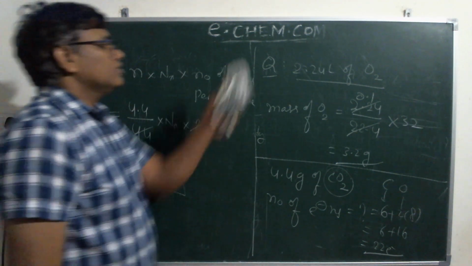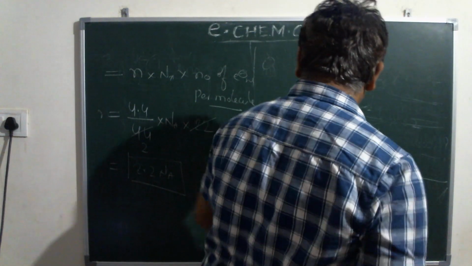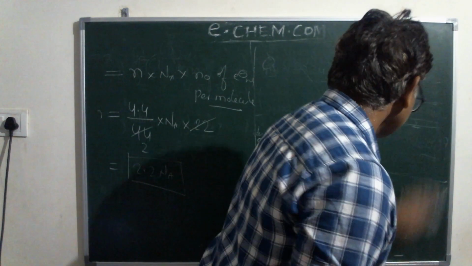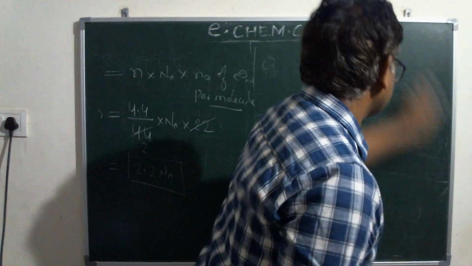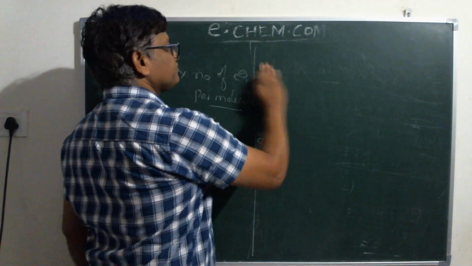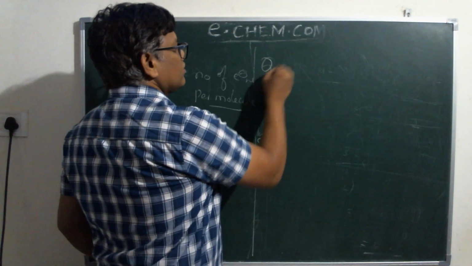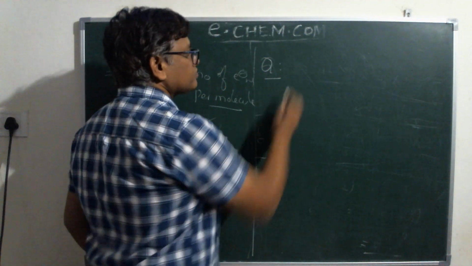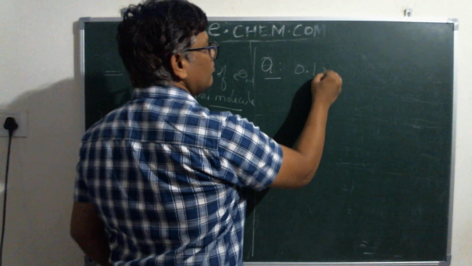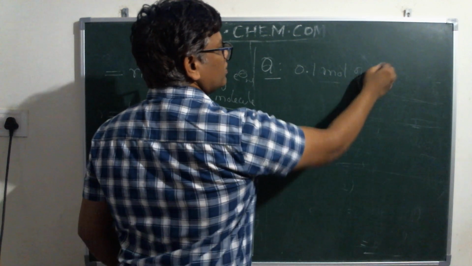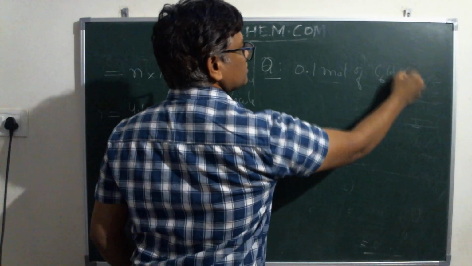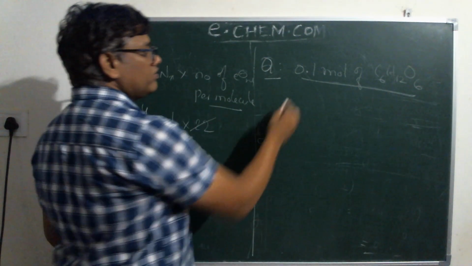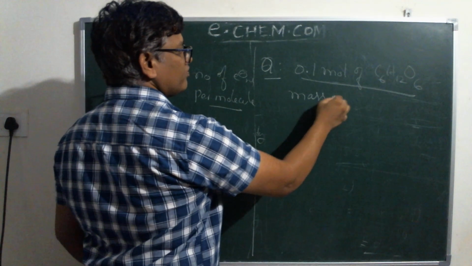Right? One more question. Let's discuss one more question. I am taking here 0.1 mole of C6H12O6. In this, I want to calculate the mass of carbon.